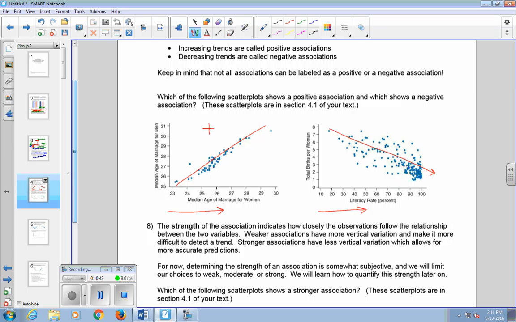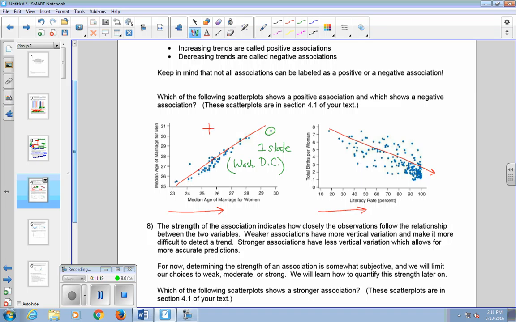If we take a closer look at these, and you get more information from your textbook, each point in this first graph on the left represents one state. And if you count, there's actually 51 because Washington, DC is also included. Okay. So on the left, states where women tend to marry later in life also tend to have men that marry later in life.